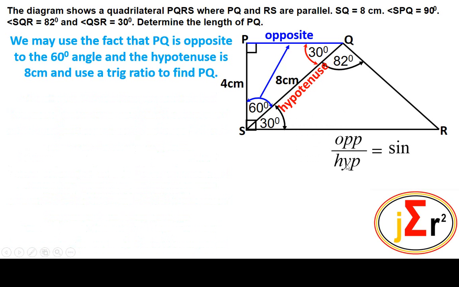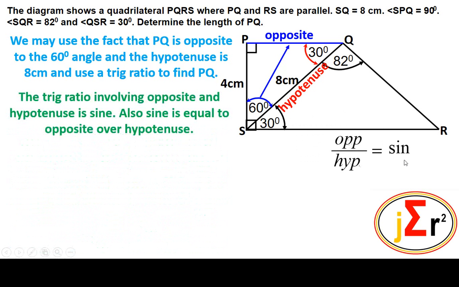Opposite over hypotenuse is equal to sine. The trig ratio involving opposite and hypotenuse is sine. It is not enough to say that sine involves opposite and hypotenuse, but additionally we may also say that sine is equal to opposite over hypotenuse.